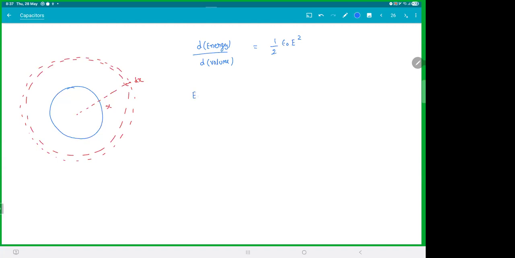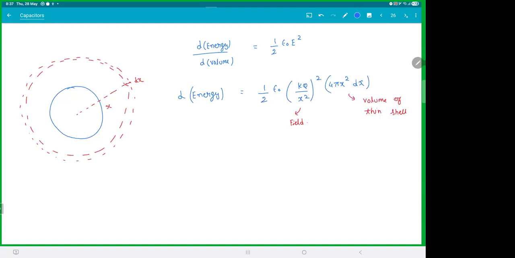So the energy in the region is half epsilon. What is the field there? Field will be kq by r square, in this case kq by x square. That is your field, squared. Into volume, which will be what? Volume of the shell, which is 4 pi x square into dx. This is the volume of the thin shell. So this much energy is there in the thin shell.